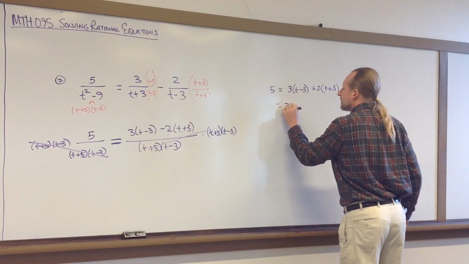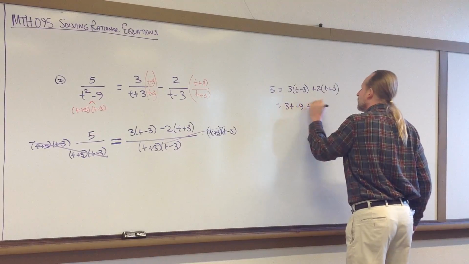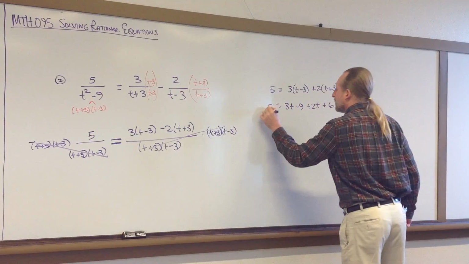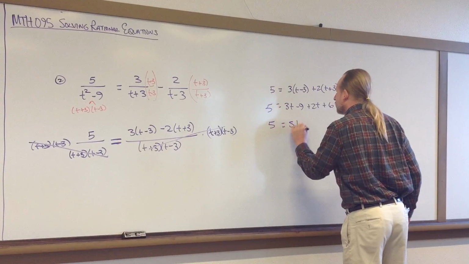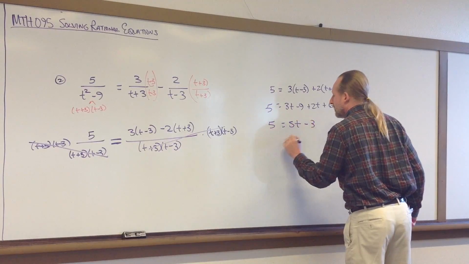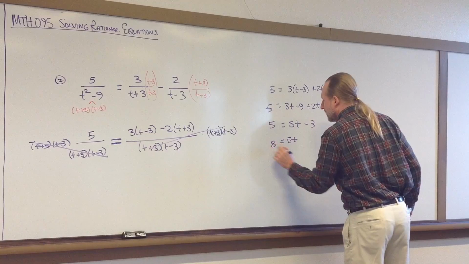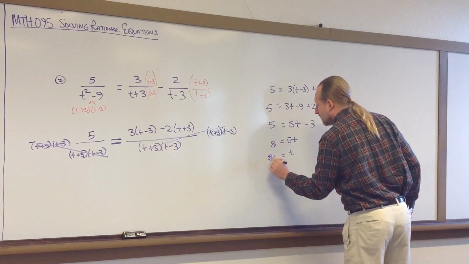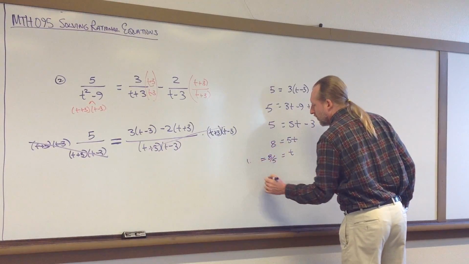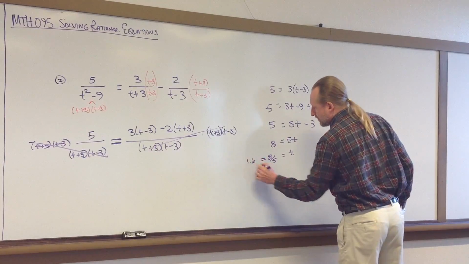And this is a very simple linear equation. Let's see here. So 5 equals 5t minus 3. 5t is 8. t is 8 over 5, or 1.6.